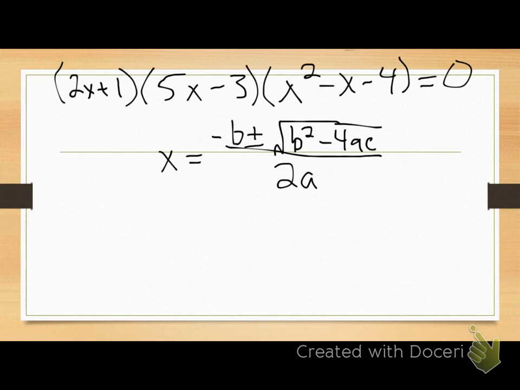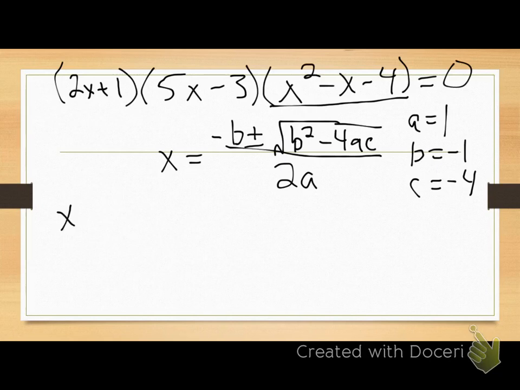So, in this polynomial, what's my a value? What's my number in front of x squared? 1. What's my b value? -1. And my c value? -4. Does everyone see where I'm getting a, b, and c? It's just the coefficients of that polynomial: 1, -1, -4. So now I can plug these into my quadratic formula.